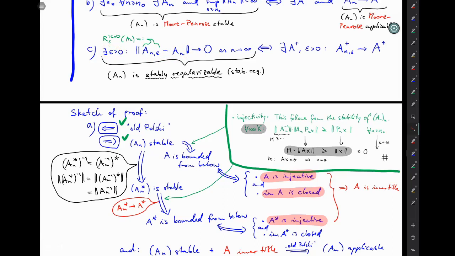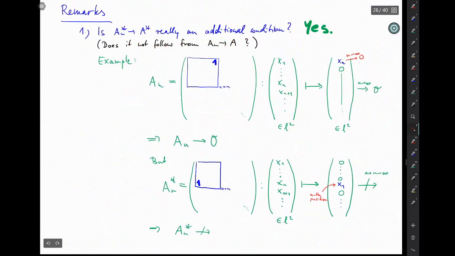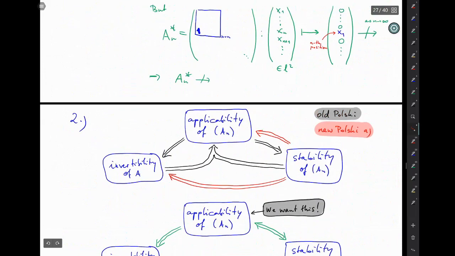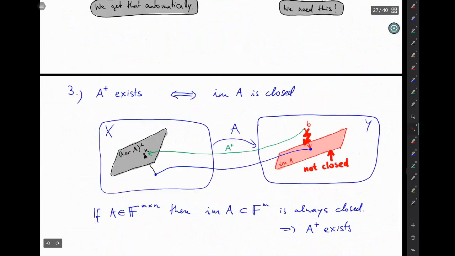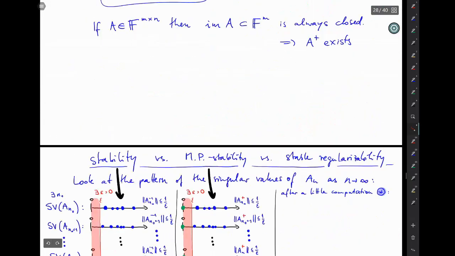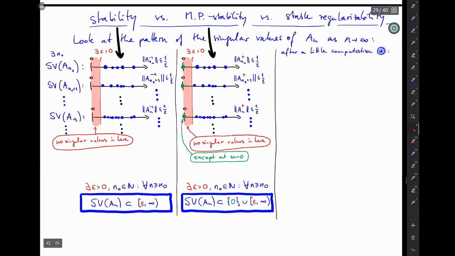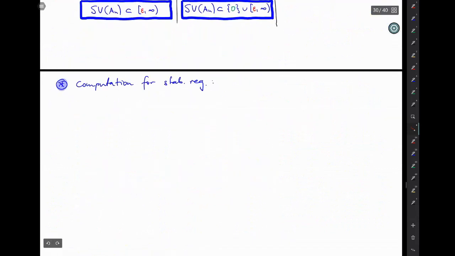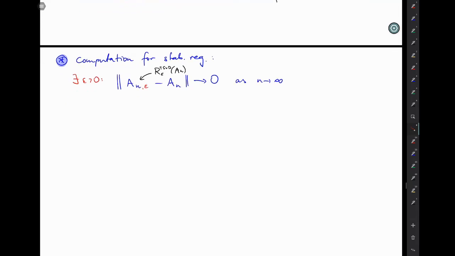Okay, so let's write that down and let's try to understand what this means for the singular values of AN as n goes to infinity. Here we are. Okay, so this regularized operator is defined in terms of singular values. We need a diagram of singular values, so I guess we should draw singular values. Well, at first, the singular values of AN could be all over the place.